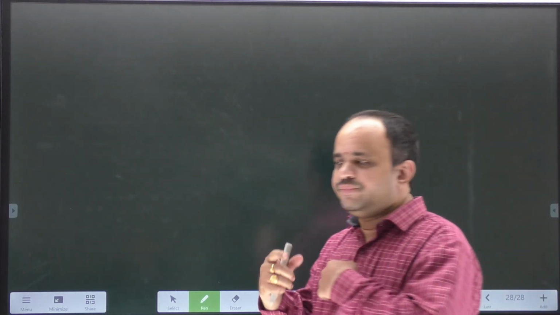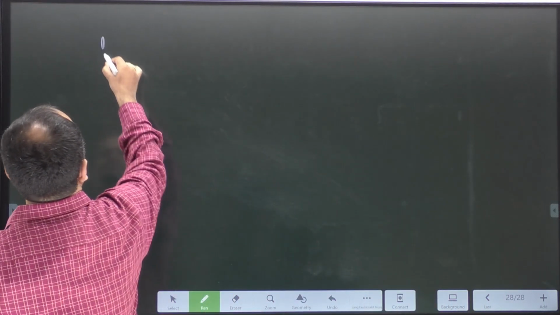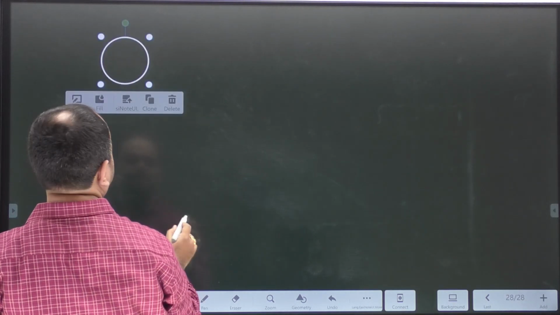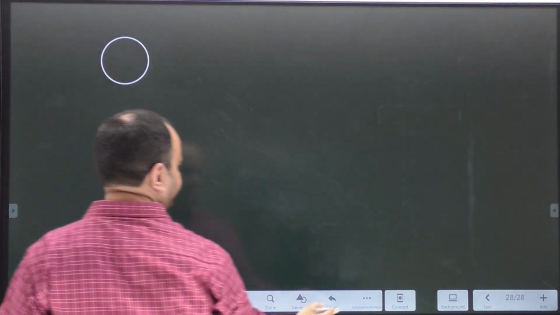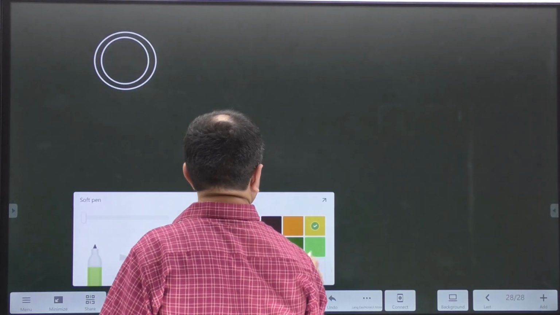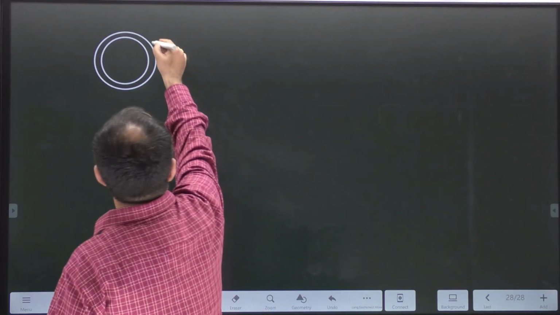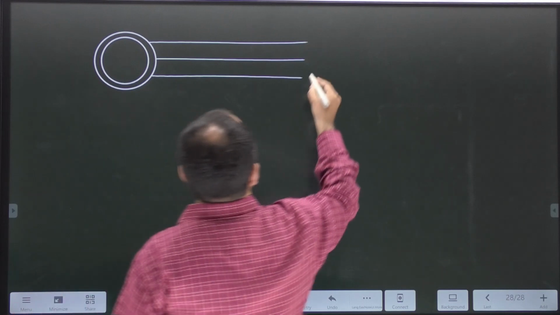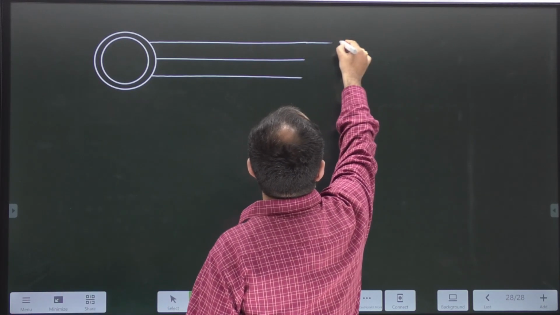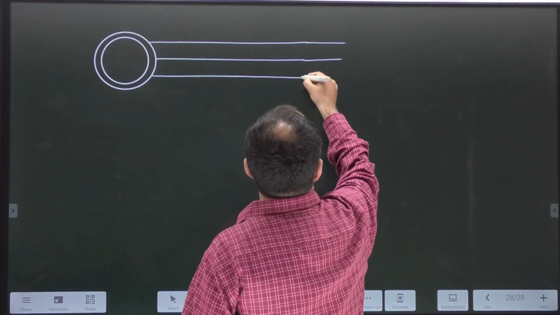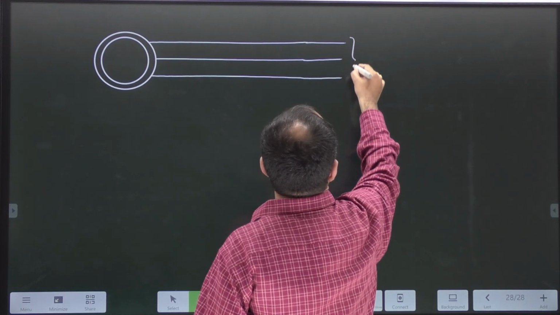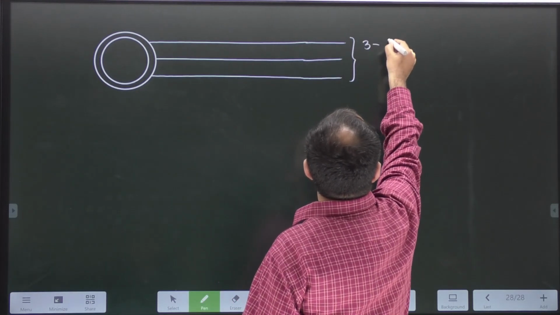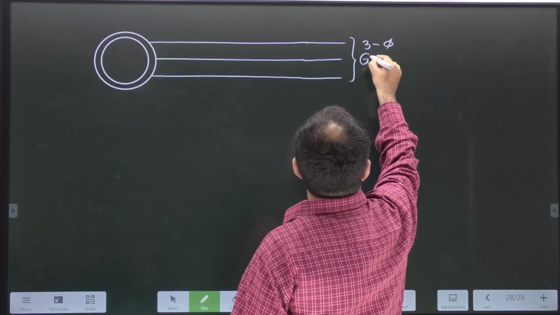Now there is another concept for the slip ring induction motor. First let me draw the scenarios. Let us say a 3-phase slip ring induction motor, and this is a 3-phase grid. Okay, this is a 3-phase grid.